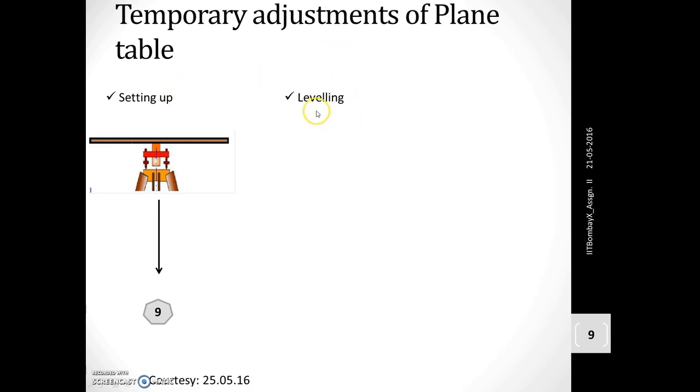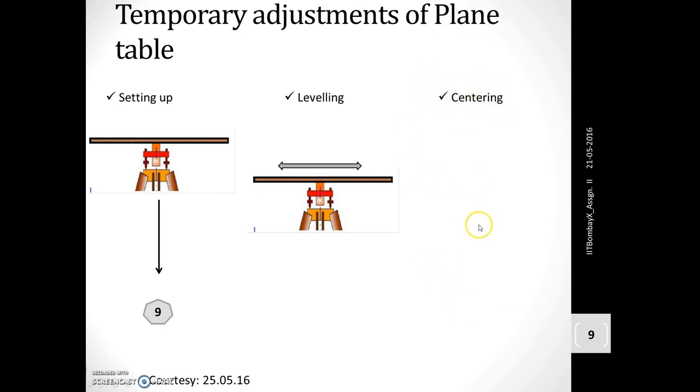The second adjustment is leveling, in which the plane table set up in step 1 will have its surface horizontal. The third thing we wish to have is centering. In this third step, the set plane table surface will be exactly above the station under consideration.